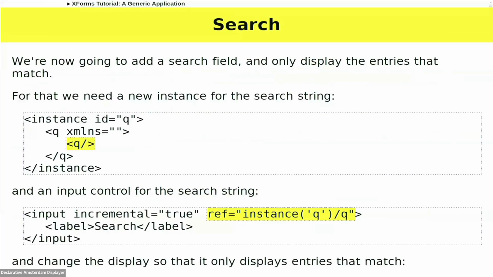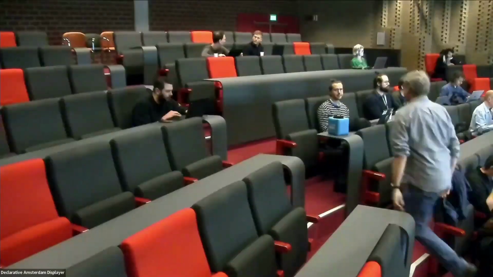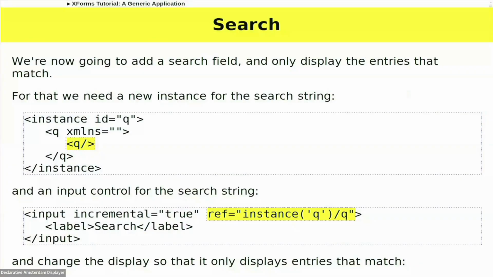Okay, so the next step is we've now displayed all that data, and we're going to add a search field to the XForms. For that, we need a new instance for the search string. So underneath the existing instance in the file, we add instance ID equals Q, for query.